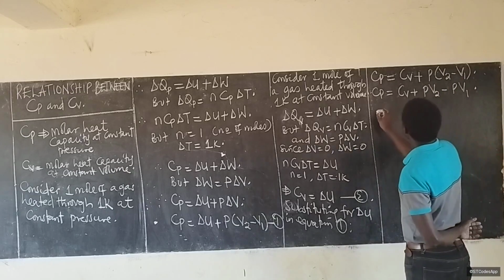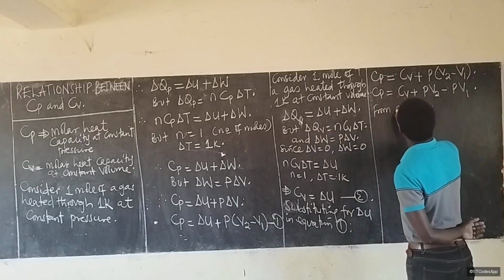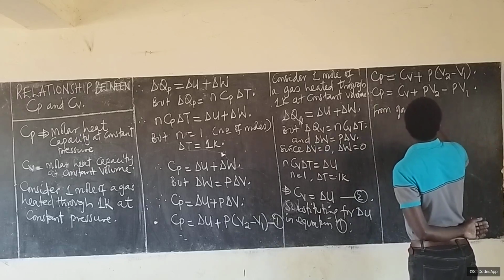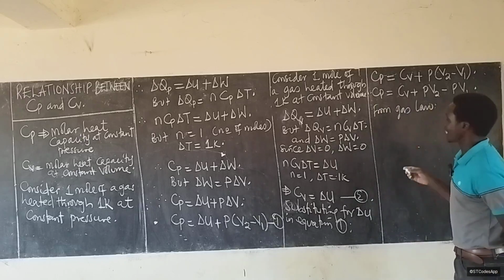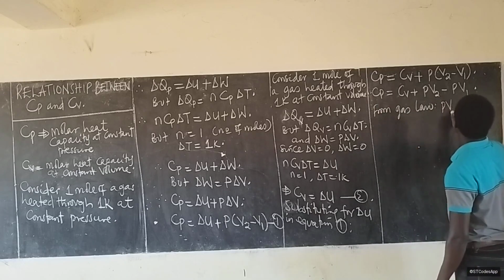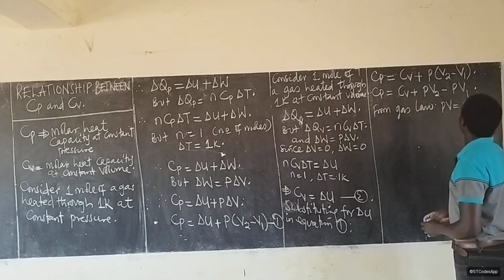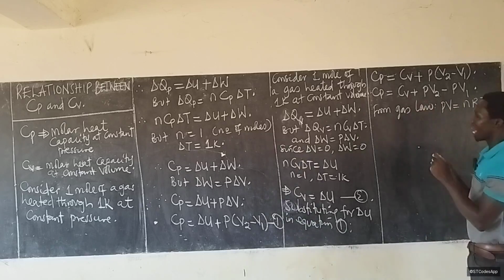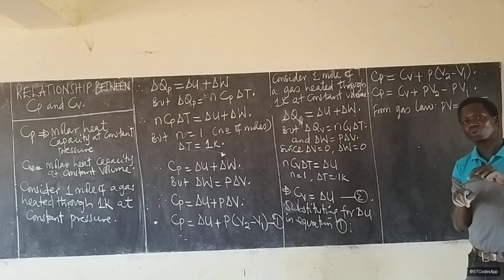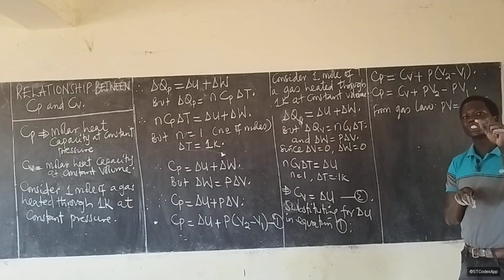But we also know, from the ideal gas equation, that PV equals nRT. For this case, I have two volumes, V1 initially and then V2.